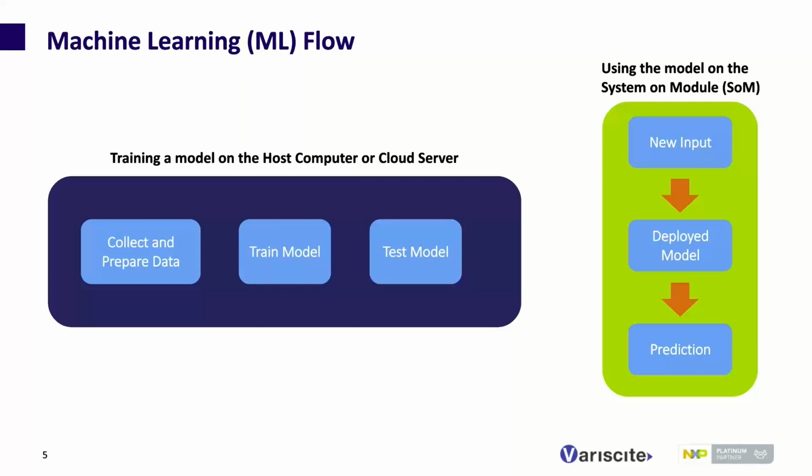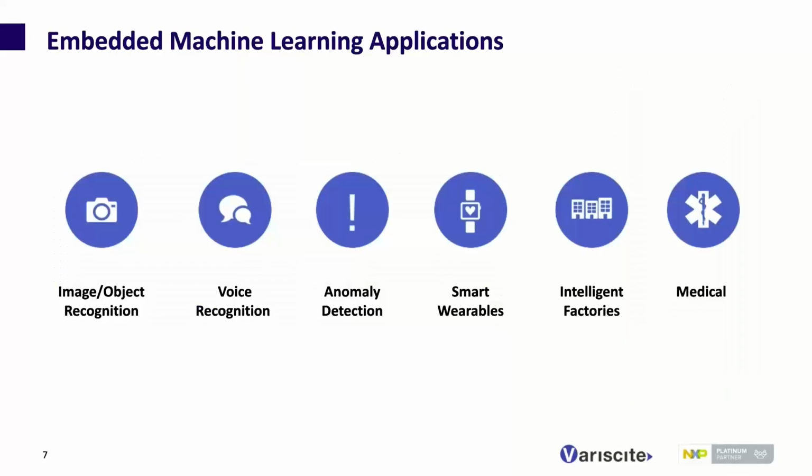This process of getting a new input, passing it through the model and getting a prediction is called inference. So just to have an idea, this is a little different than using hard-coded rules like OpenCV or anything else. So let's move forward.